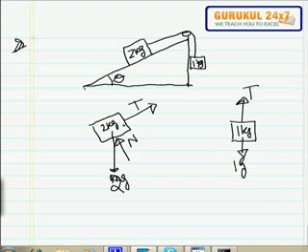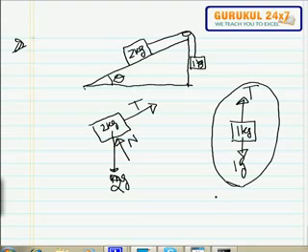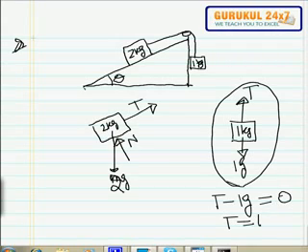The tension is holding the 1 kilogram block, and the tension is also holding the 2 kilogram block. So from the free body diagram of 1 kilogram block, we have T minus 1g, and assuming it doesn't go anywhere, equals 0. So T equals 1g. That's our first equation. This is what tension should be if the masses do not move.